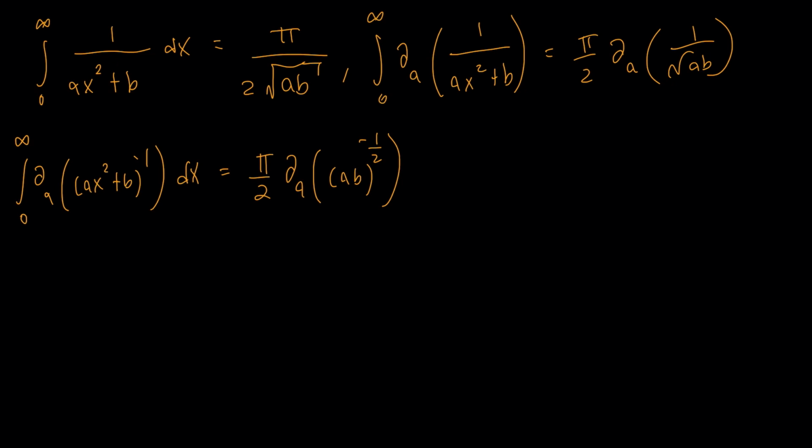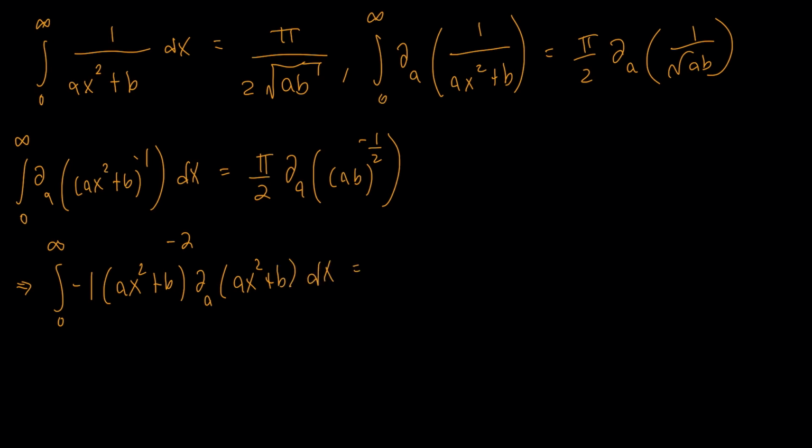So we now have, this is equal to the integral from 0 to infinity. Taking this derivative, we have negative 1 times (ax squared plus b) to the negative 2, and the derivative with respect to a of ax squared plus b dx is going to be equal to pi over 2 times negative 1/2 times (ab) to the negative half minus 1, and the derivative with respect to a of ab.